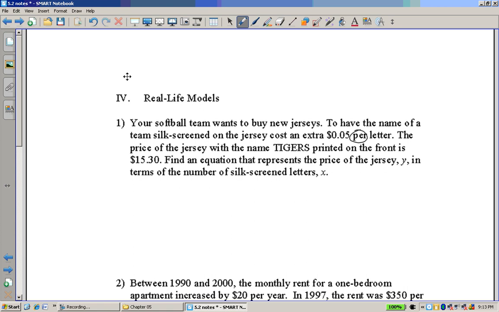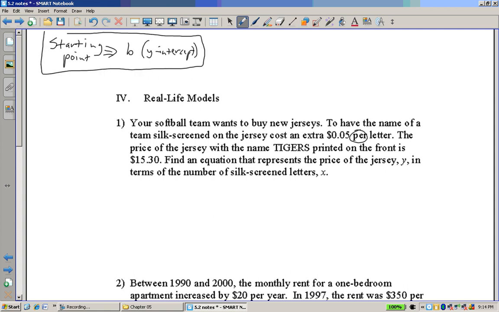Now here's the thing. If you see a starting point for these word problems, that is usually b, the y-intercept. Now, as I look through this, okay, 5 cents per letter, price of the jersey Tigers, when it's $15.30. That doesn't fit any of these models. So this starting point, I don't see that in this model.